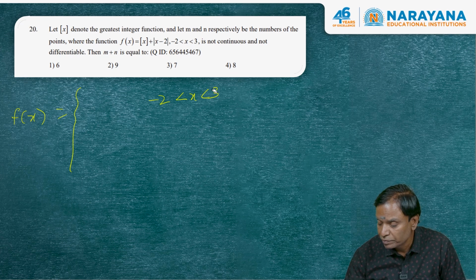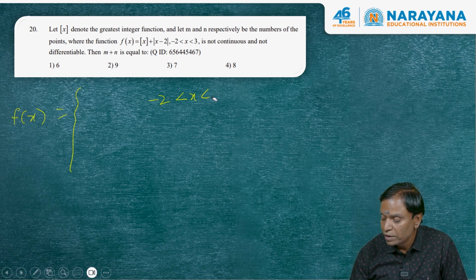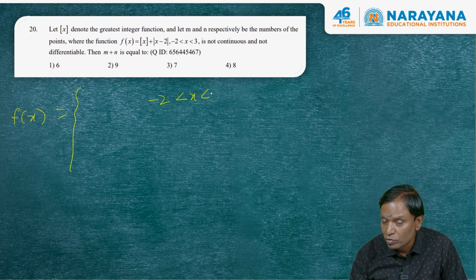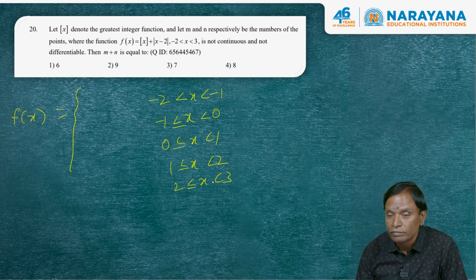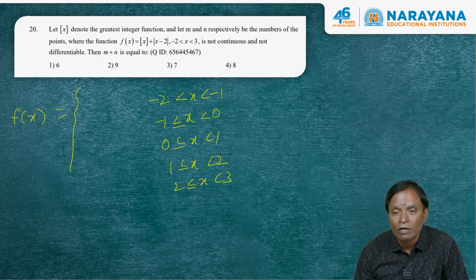So I will split the interval: minus 2 to minus 1, then minus 1 to 0, then 0 to 1, then 1 to 2, then 2 to 3.